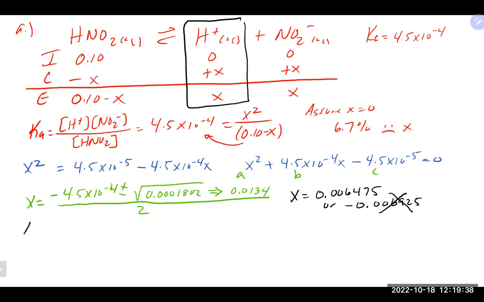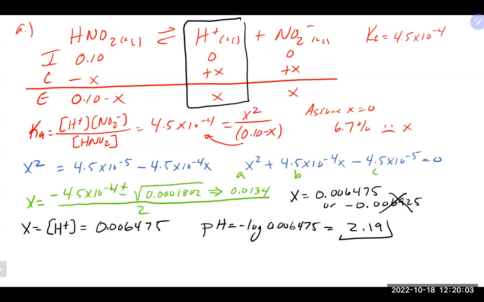So x would equal the H plus concentration, which would be 0.006475. That then could go into our pH, and we get a pH of about 2.19.